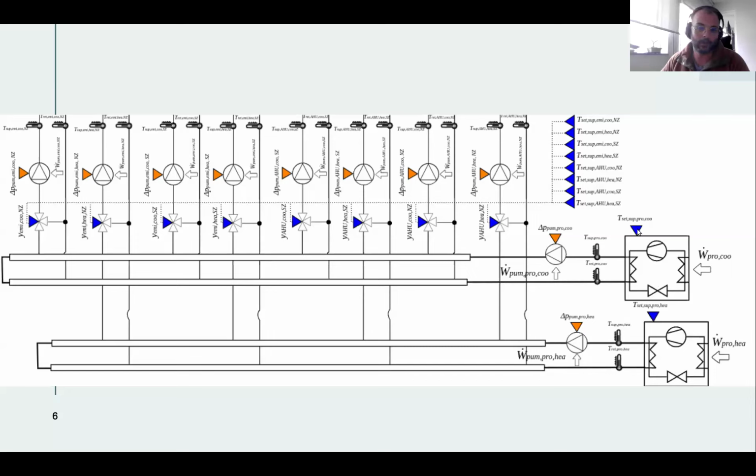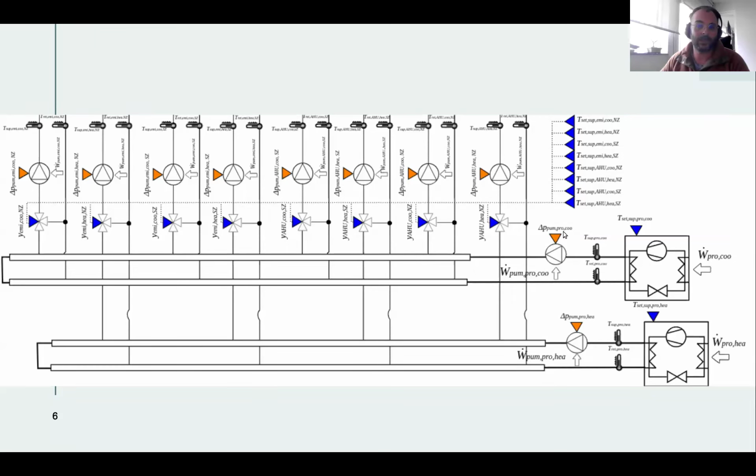The blue ones symbolize real control signals that you can control, and by real I mean you can vary between a range. In the case of the air source heat pump, I think it was between 20 degrees and 50 or 60 degrees, something like that. And the same for the chiller. The orange ones are binary variables.